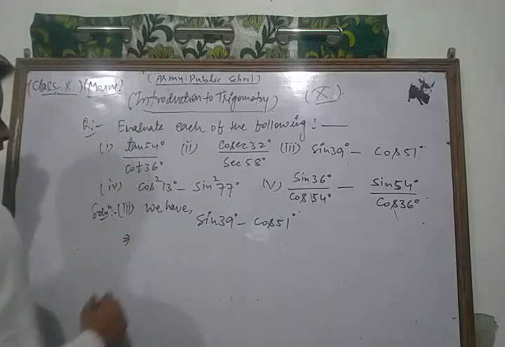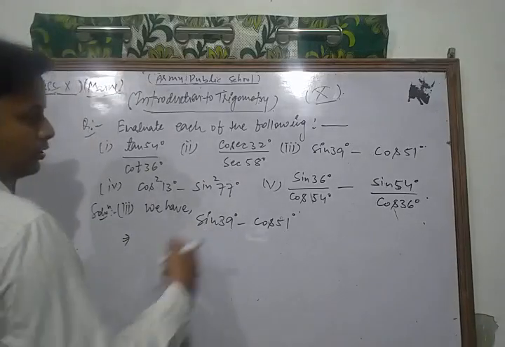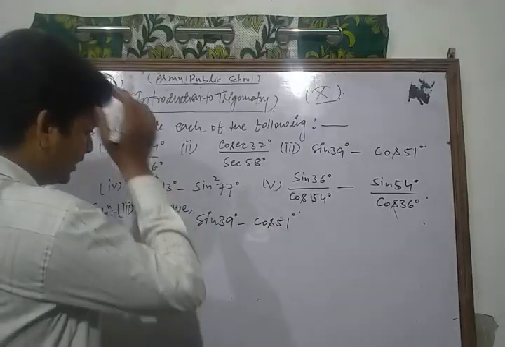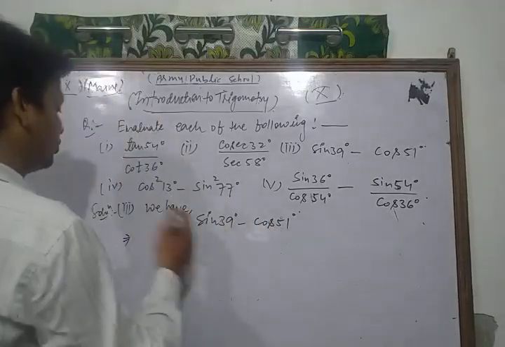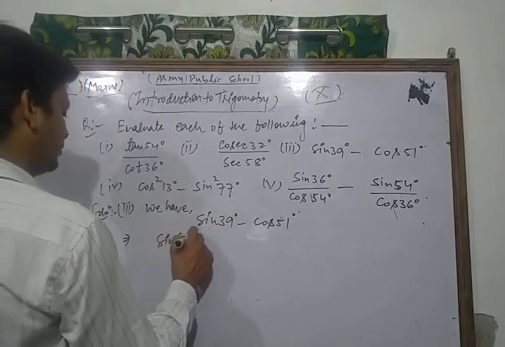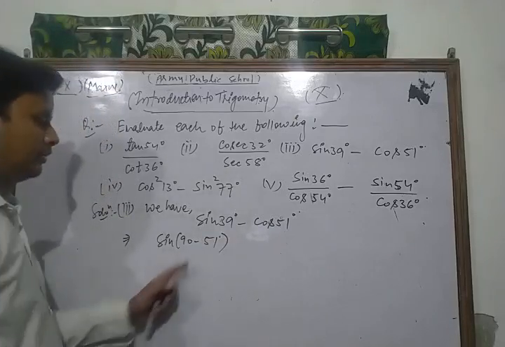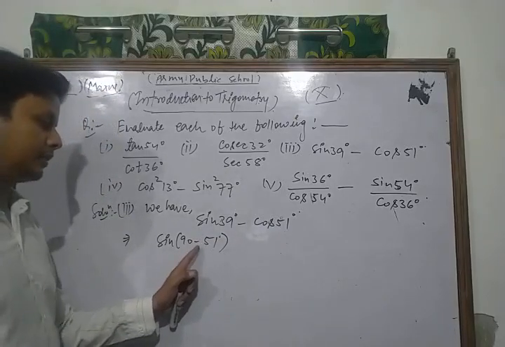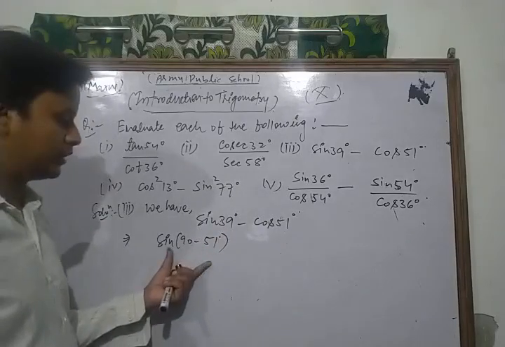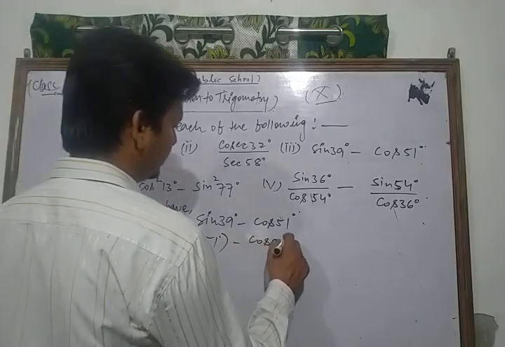We can convert sine or cos, because here 39 and 51 are complementary to each other, so we can convert one of them. So we can write sin 90 minus 51 degree, because if we subtract 51 from 90, we get sin 39. And minus cos 51 we write as it is.